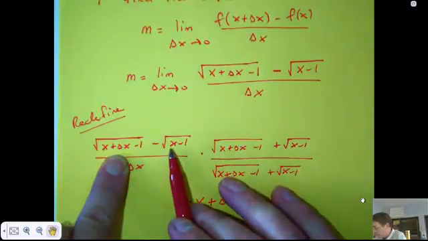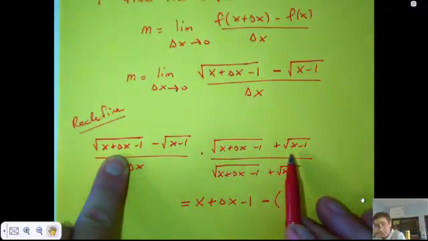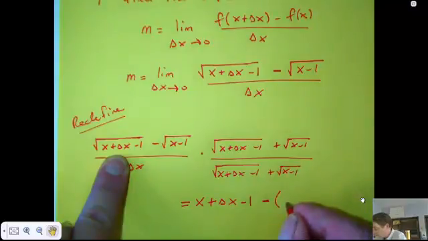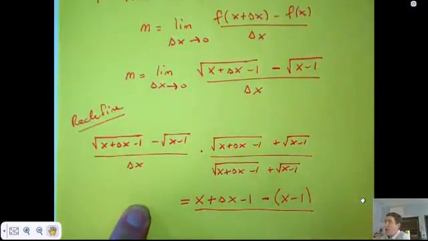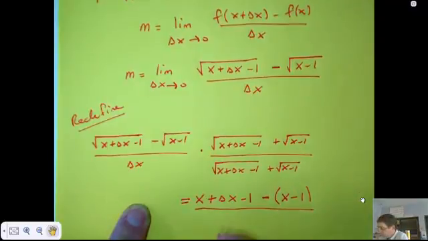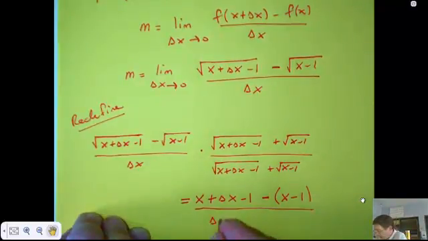I have minus the square root of x minus 1 times the square root of x minus 1, which is x minus 1. And what's my suggestion on the bottom? Leave it. I have delta x times the square root of x plus delta x minus 1.